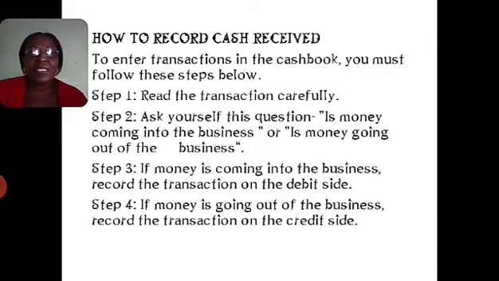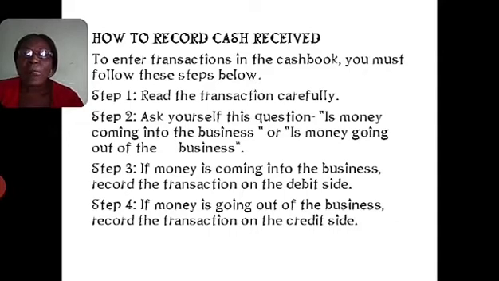The next step is how to record the cash received. To enter transactions in the cash book, you must follow these steps below. Step 1, read the transactions carefully. Step 2, ask yourself this question: is money coming into the business or is money going out of the business?